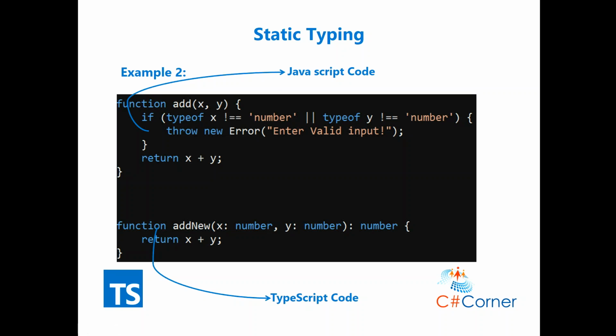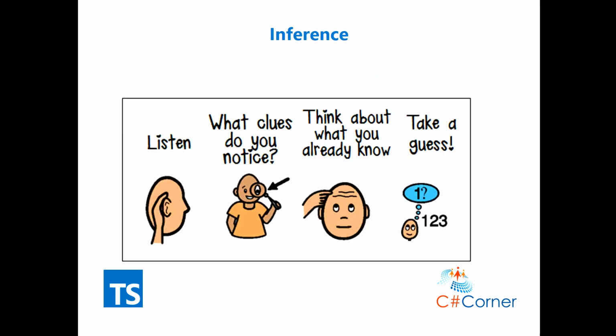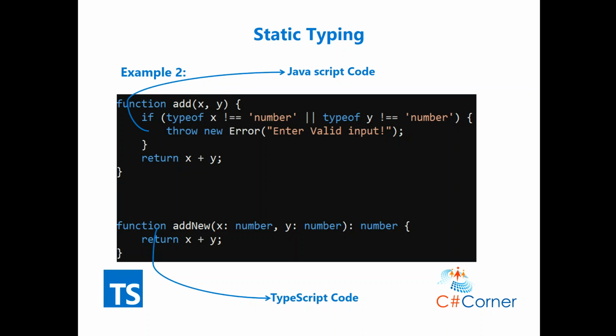That is clearly mentioned in the code itself. If you try to send a string or anything else, it will tell you at compile time itself. It saves you a lot of time, whereas JavaScript tells you only at runtime. That is one of the greatest advantages of static typing.